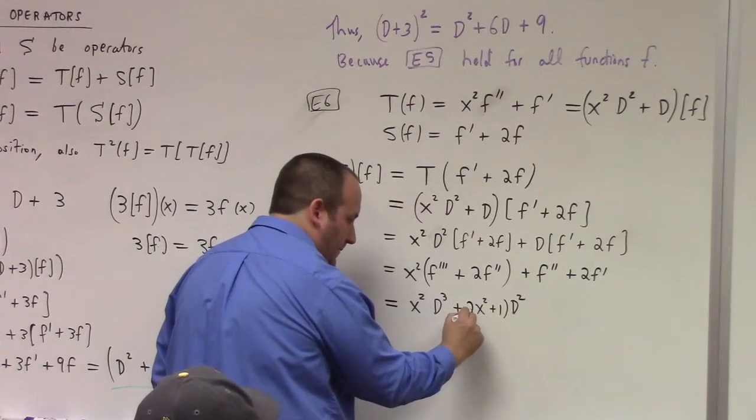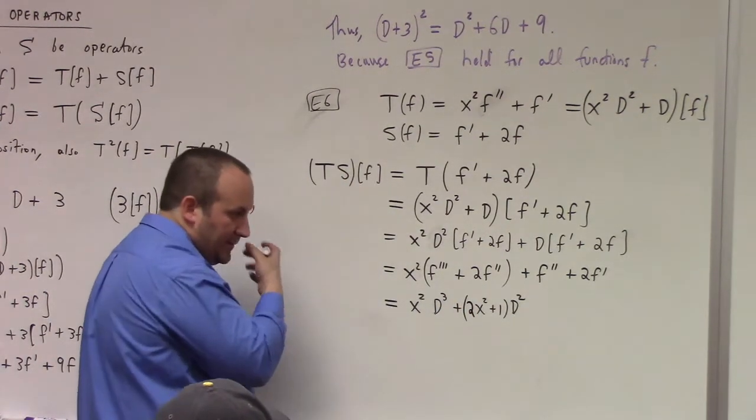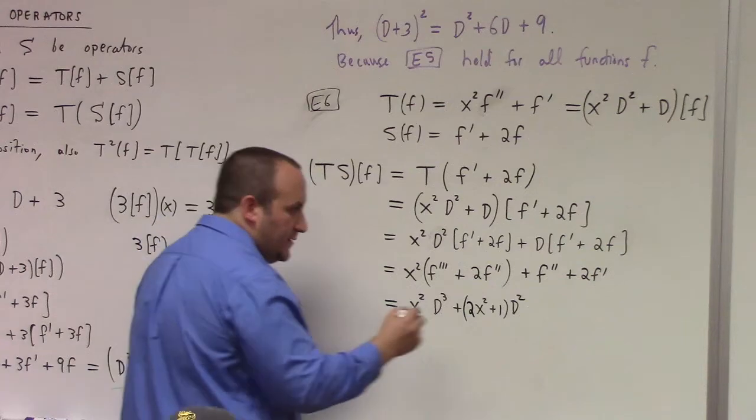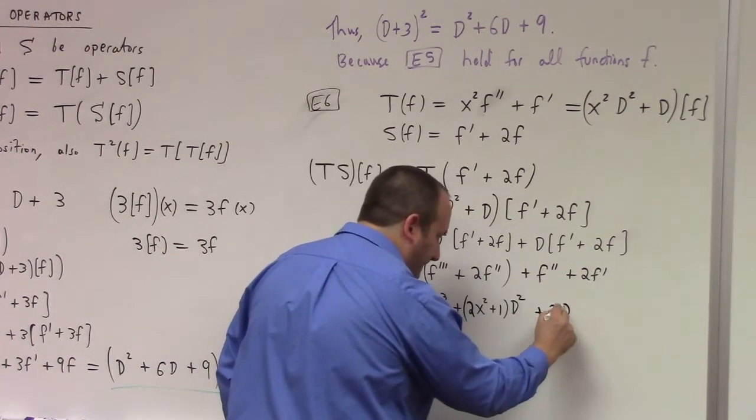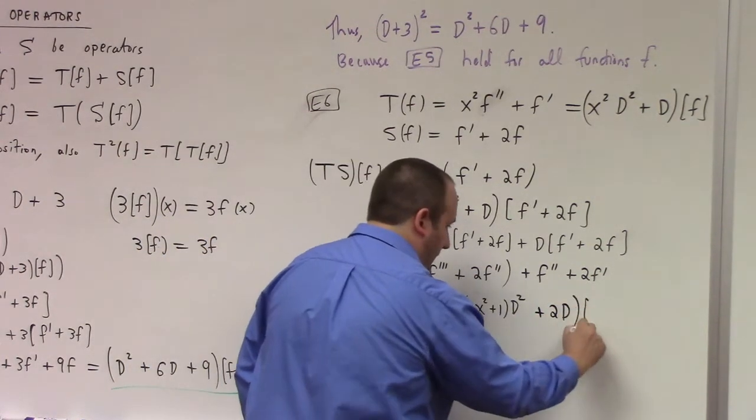Sorry about that. 2x squared plus 1 d squared plus 2d acting on f.